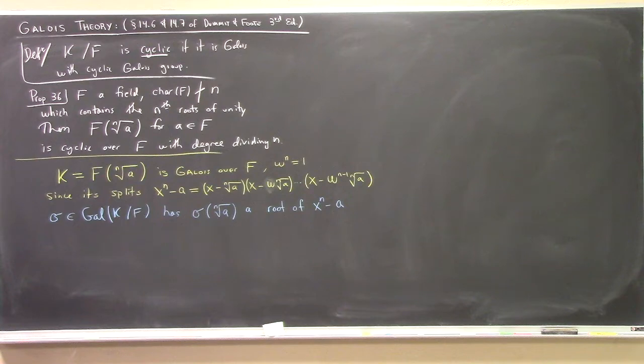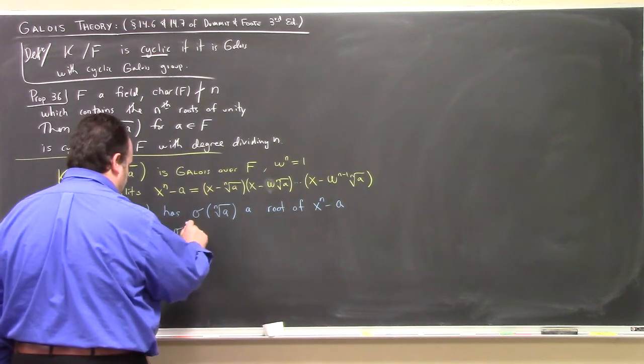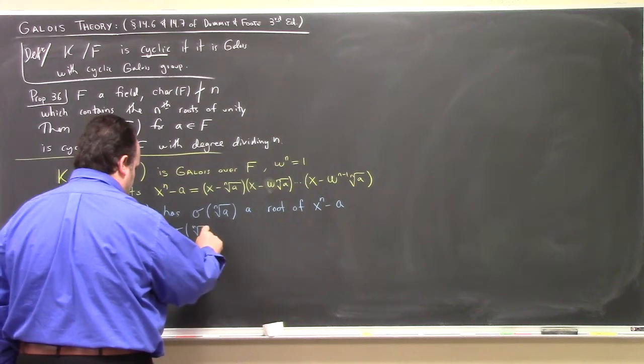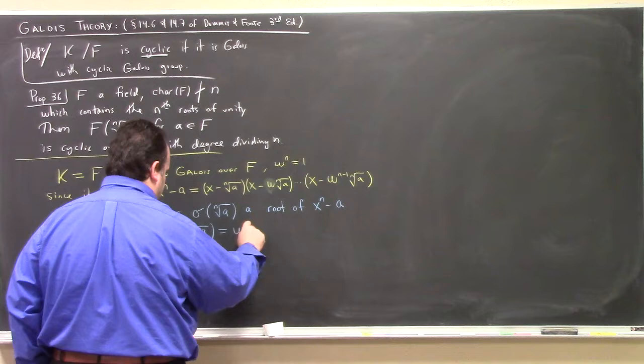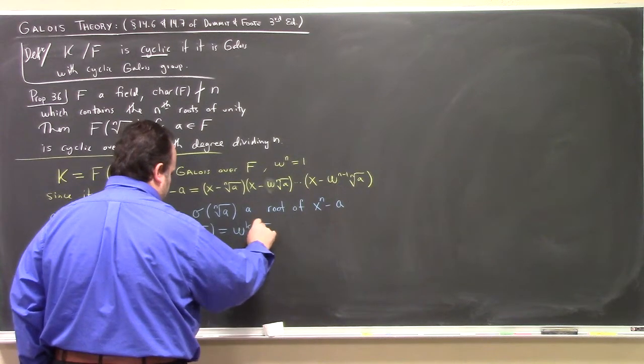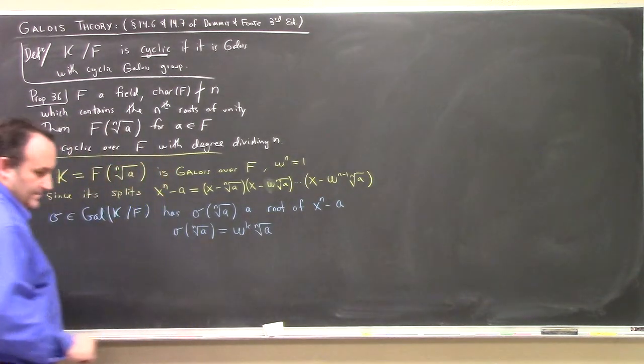And so specifically sigma of the nth root of A has to be equal to omega to some power, let's call it k, times the nth root of A.